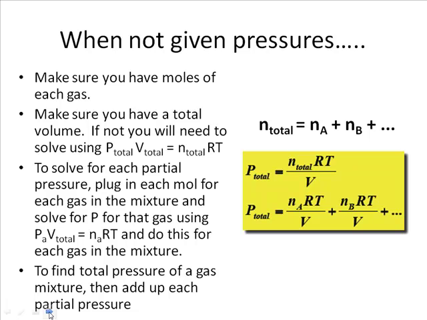If we're not given n total, then we simply add up the partial pressures of each gas, which is the moles of gas A times R times T divided by V, plus the moles of B times R times T divided by V, and so on and so forth, until we get P total.